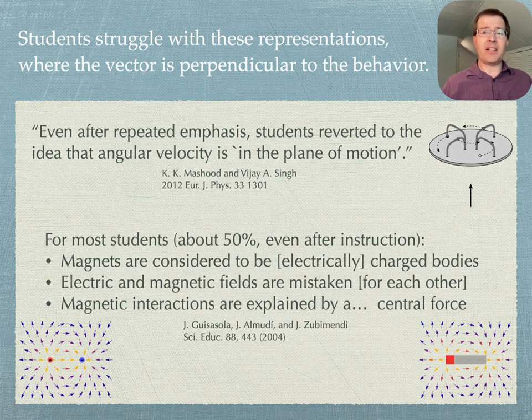Similarly, there is confusion about the directions of magnetic and electric forces and how those are so different. Magnetic forces are perpendicular to the magnetic field. It's complicated for students.